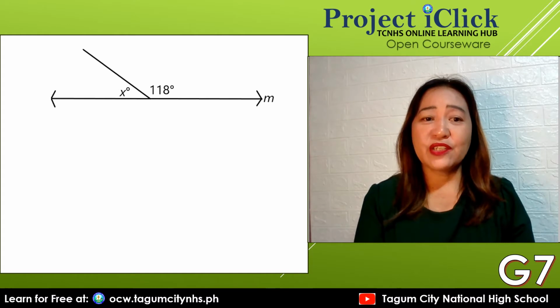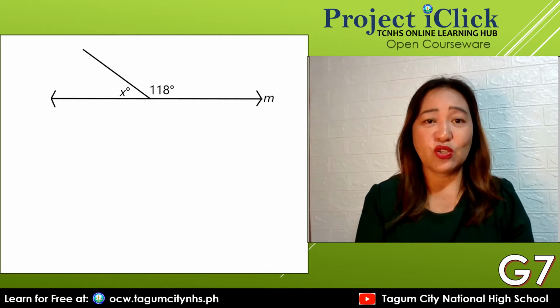Now, let's try to find out the measure of angle X. If angle 1 measures 118 degrees, what do you think is the measure of angle X? How are we going to find the measure of angle X? Remember that supplementary angles are two angles whose sum of their measures is 180 degrees.